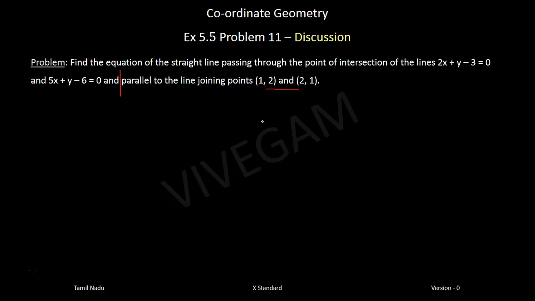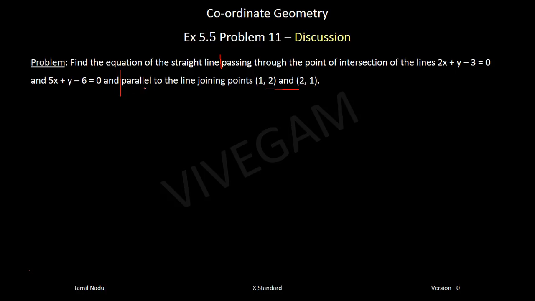Find the equation of the straight line. That's one thing. It passes through the point of intersection of the lines 2x plus y minus 3 and 5x plus y minus 6. So these two lines intersect at one point, and the required line passes through that point. Basically you solve these two equations and get one point through which the line passes.